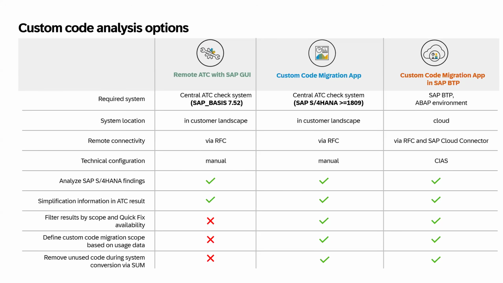And it's not possible to consider the usage data, and it's not possible to remove the unused code. All these deficiencies you will not get if you use the custom code migration app.